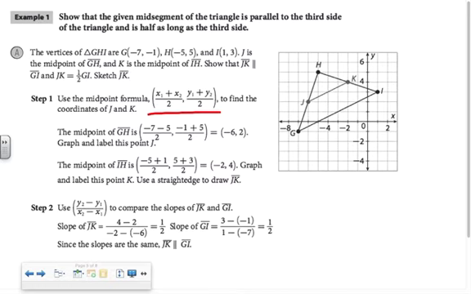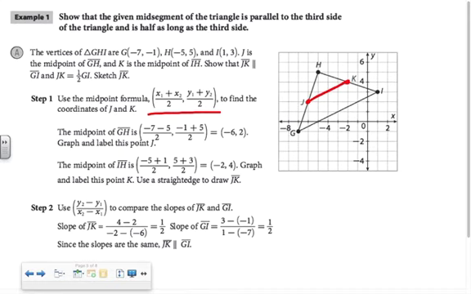So they found the midpoint of GH to be (-6, 2). They found the midpoint of IH to be (-2, 4). And then they connected the dots to make midsegment JK. So that's all step 1, is finding the midsegment.